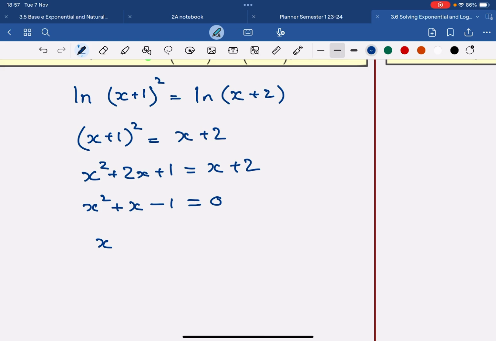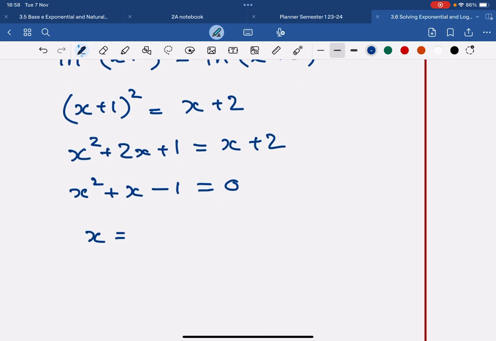Now, when I come to solve that, it looks like it's going to be reasonably difficult to factorise. So if I can't factorise it, I'll use the quadratic formula, or go straight to my calculator, which is what I'm doing here.